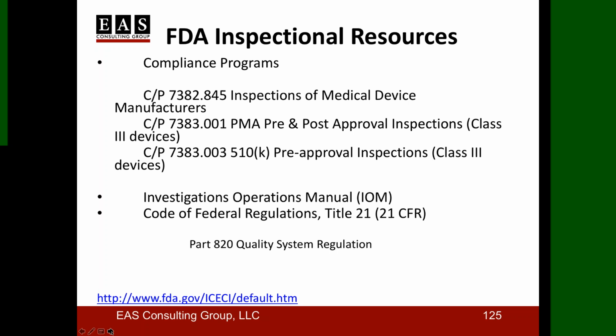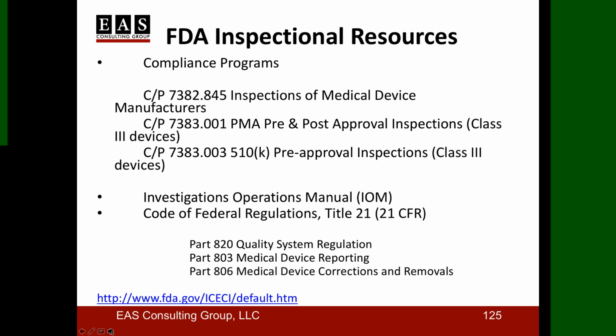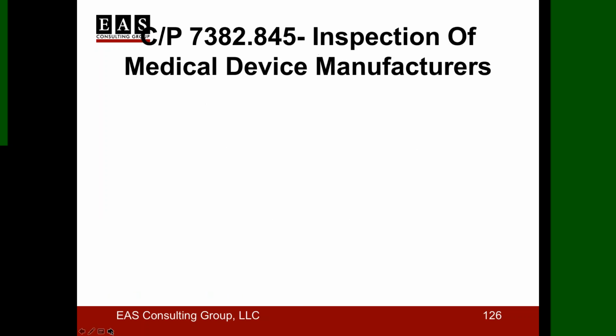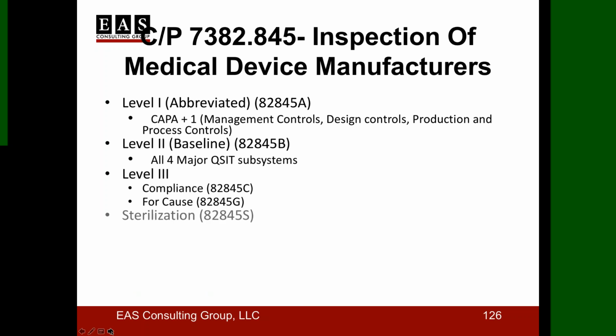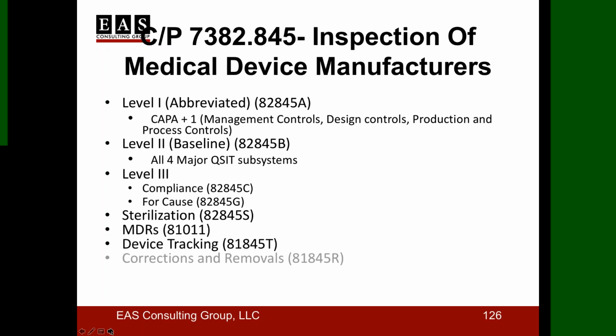There's the IOM, that's their internal procedures, and of course the Code of Federal Regulations, CFR, and I mentioned examples there: 820, 803, 806, and 821 for a certain type of devices, not usually. Again, for these different labels, 1 is abbreviated, 2 is all 4, 3 is the compliance or for cause.